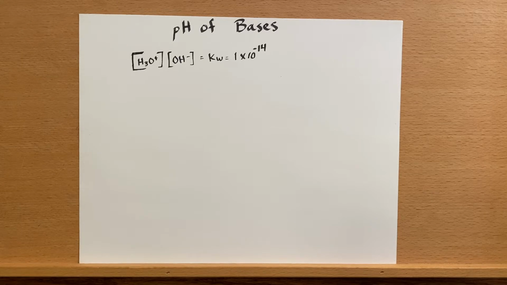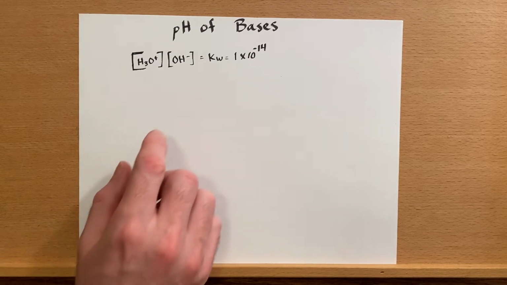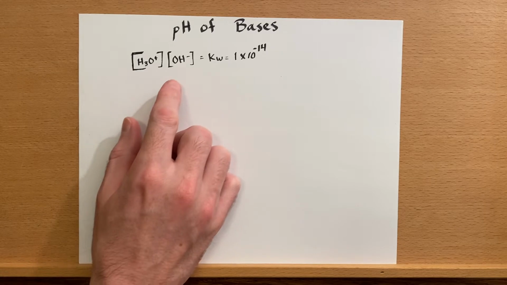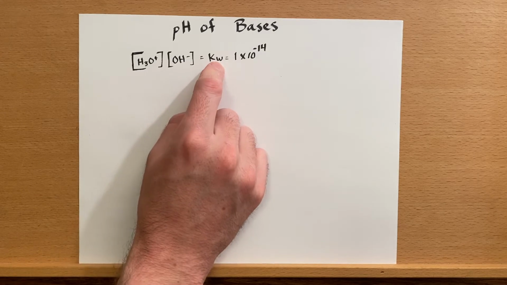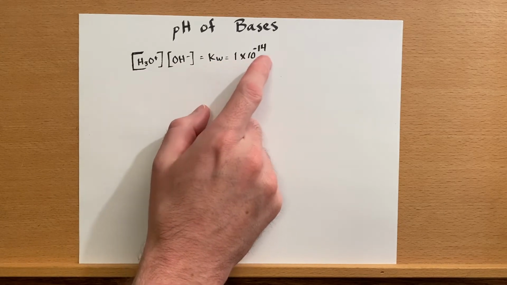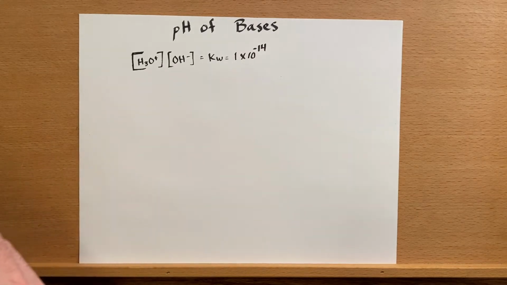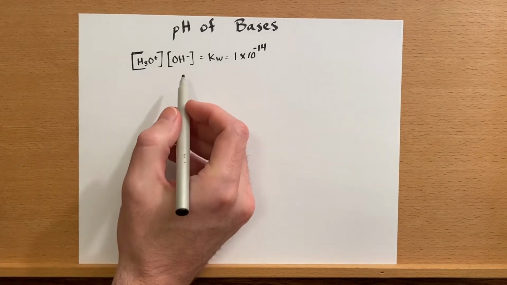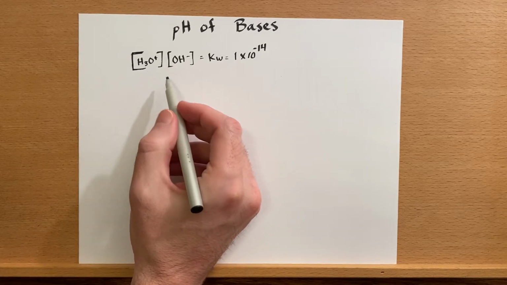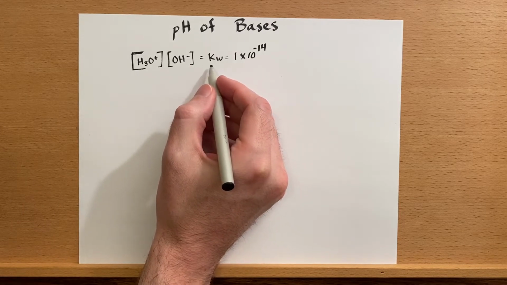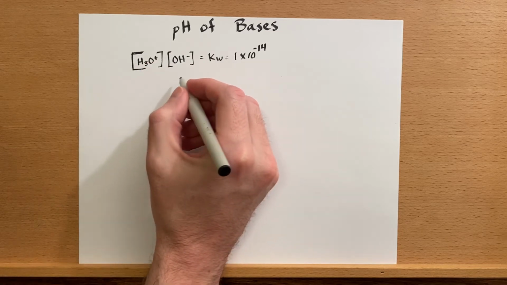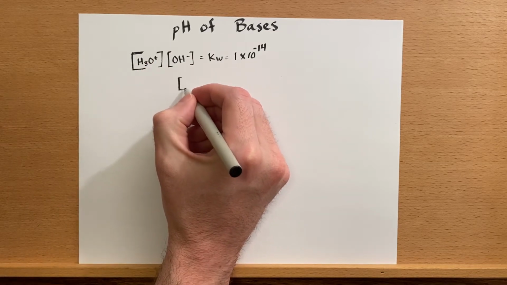Now, one way to do this is to use the Kw expression, which I've written out here. This is from the auto-ionization of water. We have H3O plus times OH minus equals Kw. And if you recall, Kw is 1 times 10 to the minus 14. So, if we want to convert between hydroxide concentration and pH, we can do that simply by moving the hydroxide concentration over here, and we'll get H plus concentration, which would look like this.